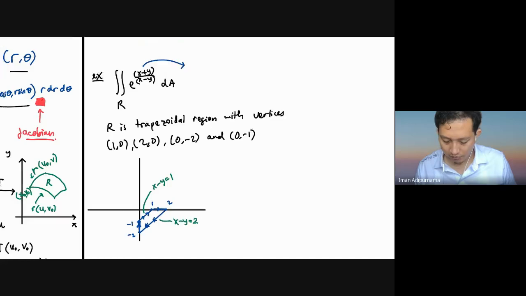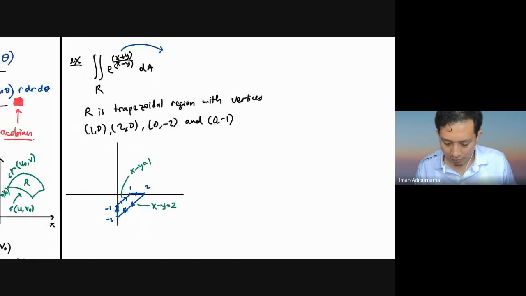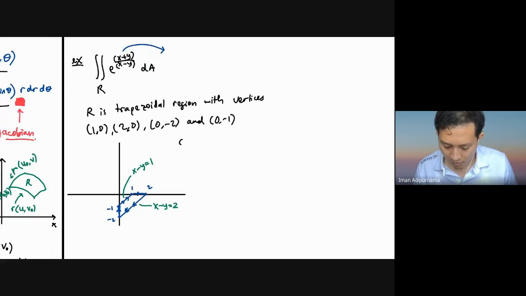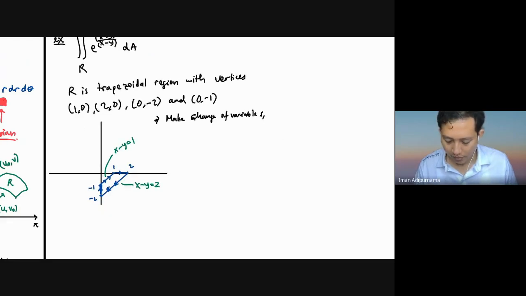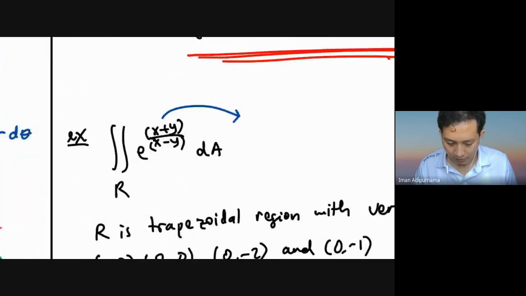Okay, now we can make, let me write here, a change of variables. And suggested by the form, let's see the form here.